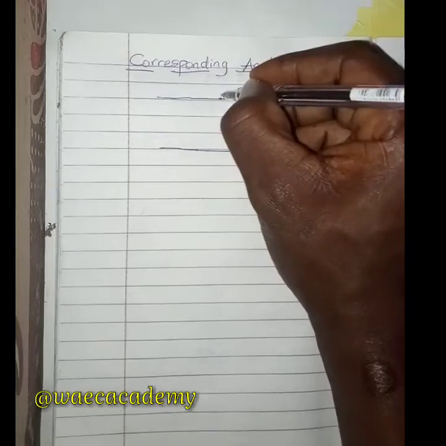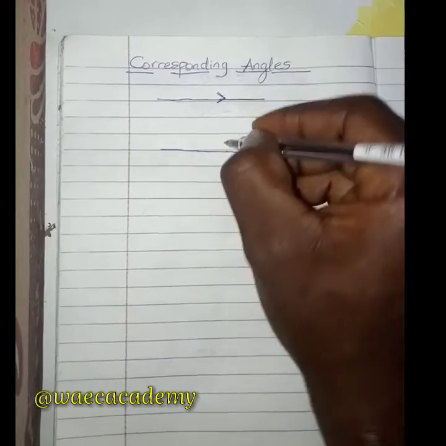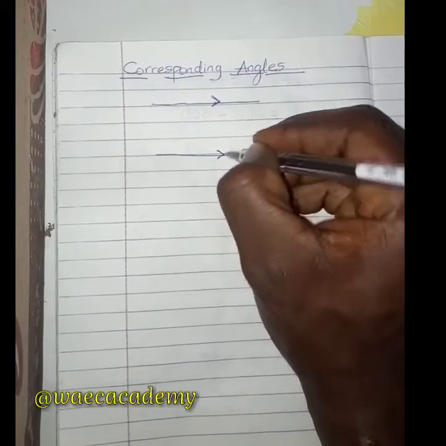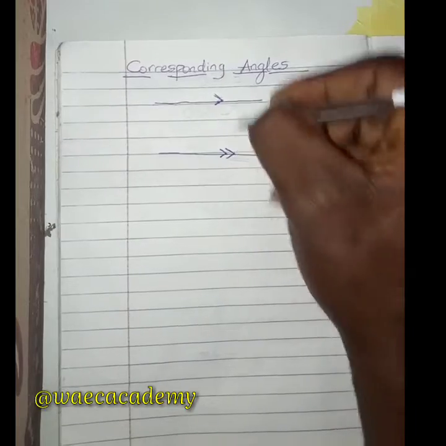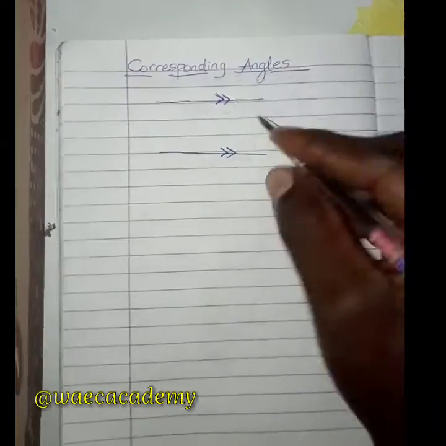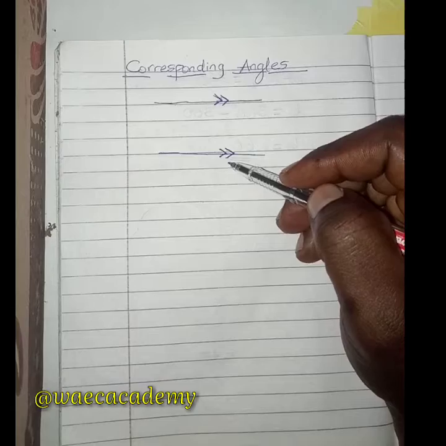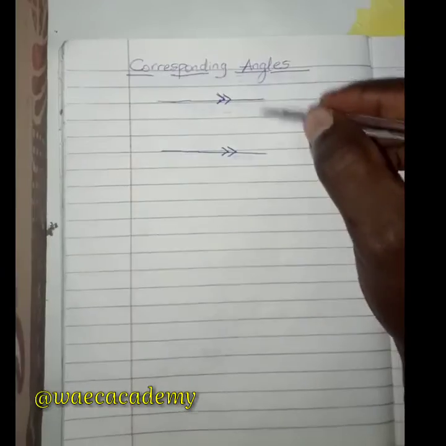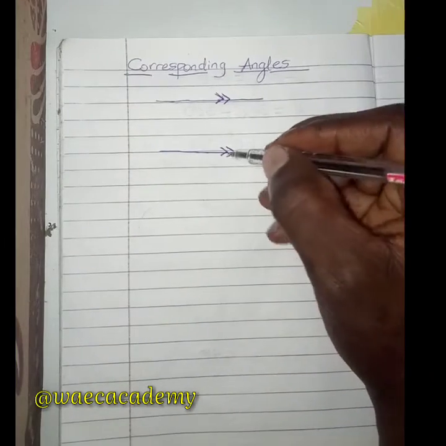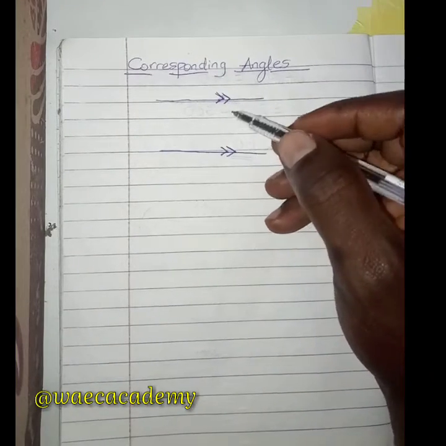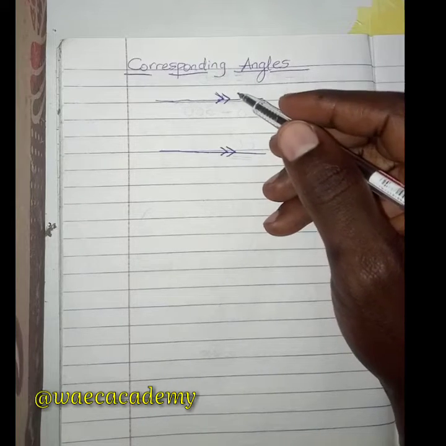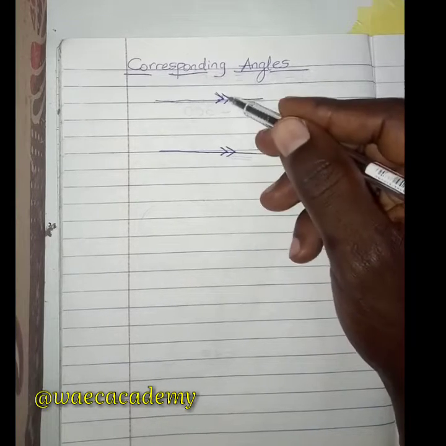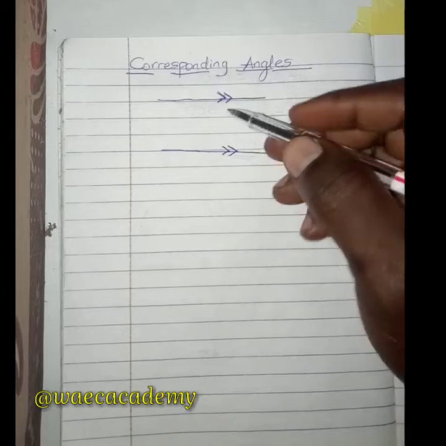Now, if on this line you see a signal like this, it could be just 1, it could be 2, and you see the same thing here also, it means these 2 lines are parallel. So you don't need to start measuring anything and seeing whether they are equidistant from each other. Once you see this in any of your geometry textbooks or classwork, you see this on 2 lines, just know the 2 lines are parallel.